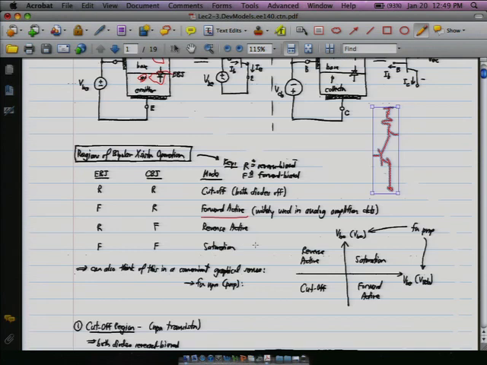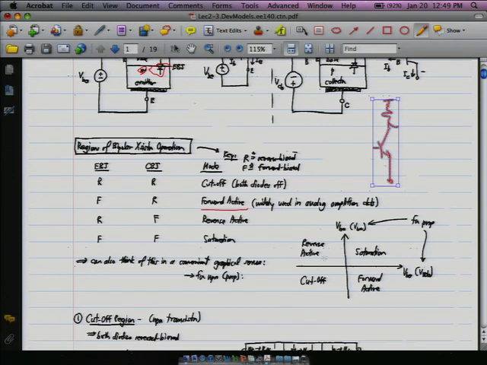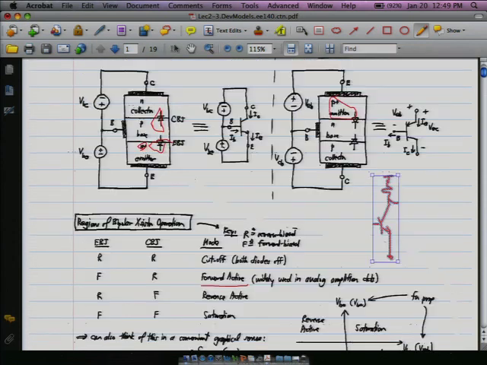All right, so as you're thinking about all these modes of operation and how diodes are biased and so on and so forth, one way you can visualize it is on axes like this, where on the x-axis you have the voltage between the base and the emitter.